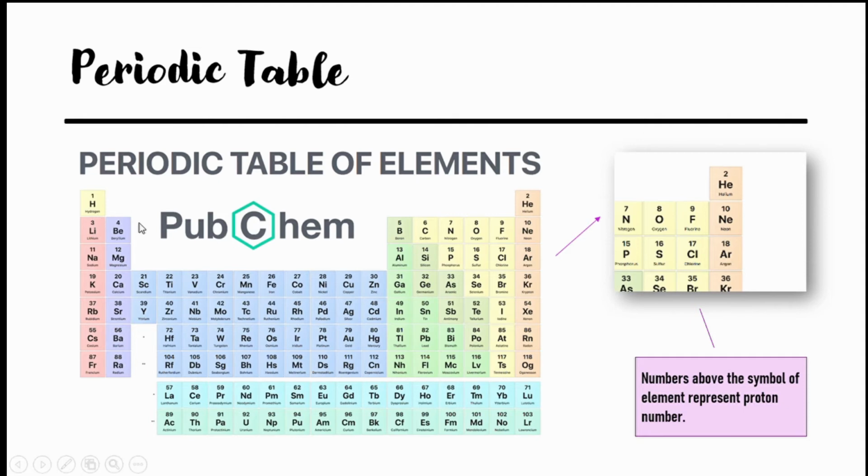Can you see the pattern in here? 1, 2, 3, 4, 5, 6, 7, 8, 9, 10, 11, 12, etc. Okay, so the numbers above the symbol of the element represent the proton number.